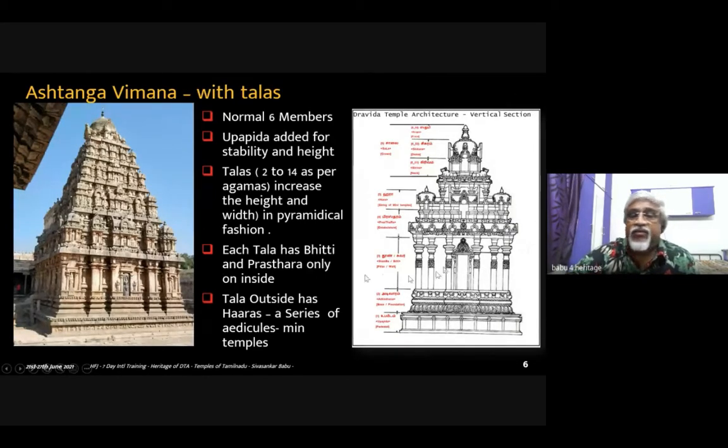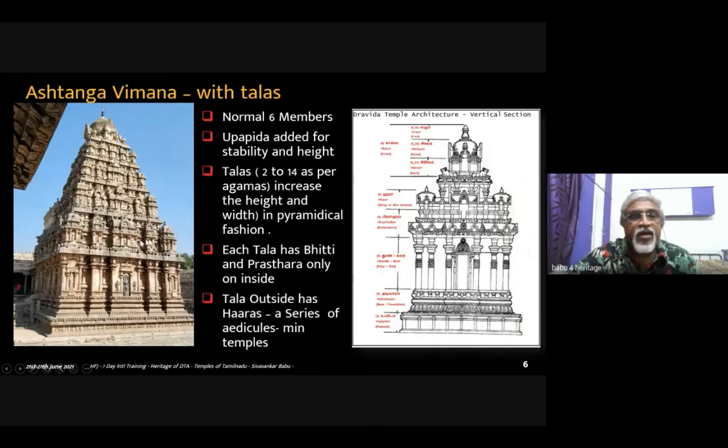The second, we add talas, this layer in 2 or 3 or 4 or something. Agamas talk up to 14, and the big temple has touched 14 layers in a pyramidical fashion, so that the size of the members keeps on reducing, going into a pyramidical shape.